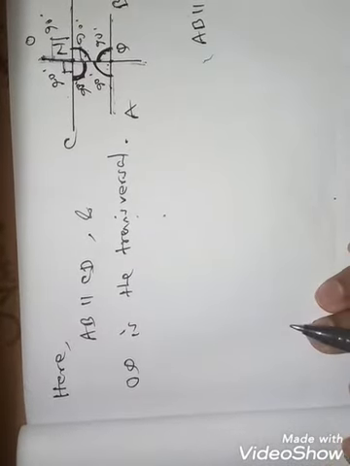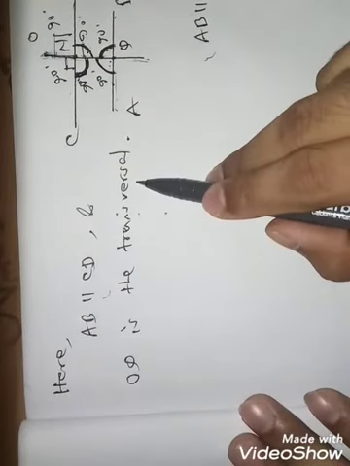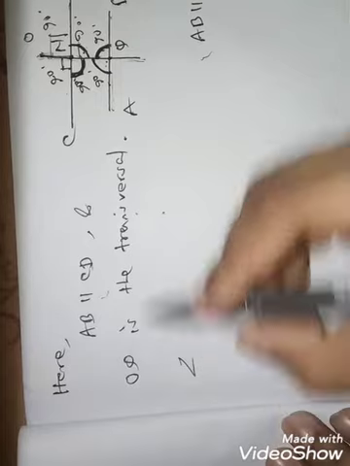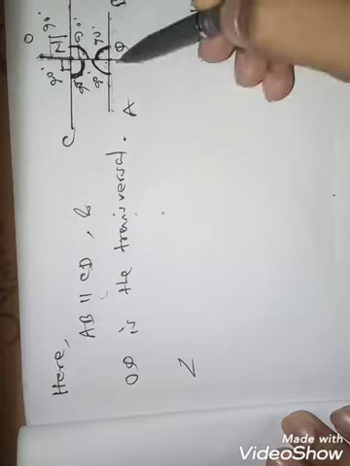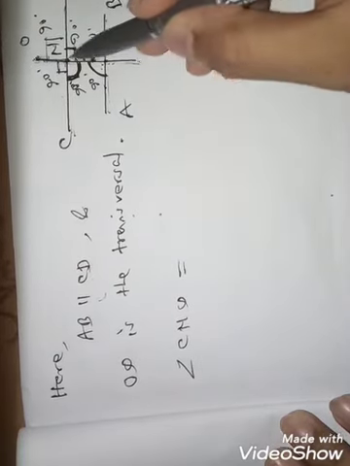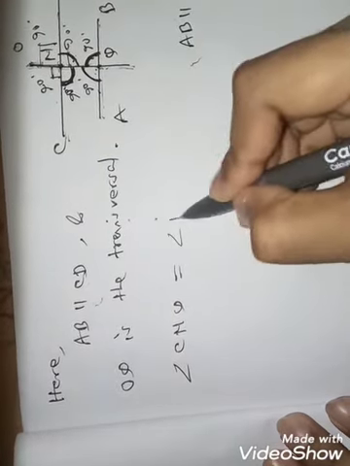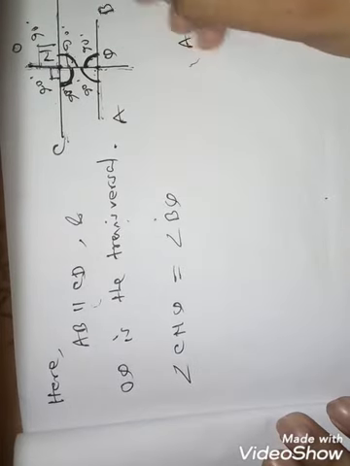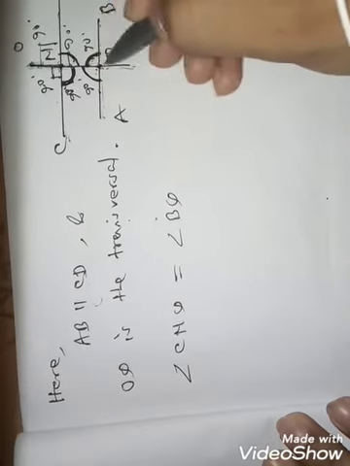So if we write this logically, AB is parallel to CD and OQ is the transversal. So we can say angle CQN, where this point is N, is equal to angle BQN, or you can say BQO, since this line is the same.